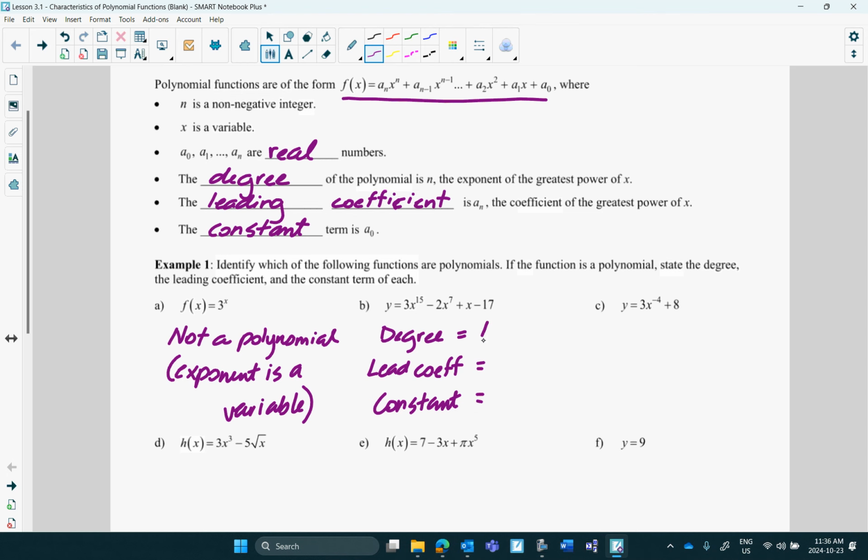That's the degree. What is the number in front of the variable with the highest exponent? That's the leading coefficient. What is the number that has no variable attached to it? Be careful. Negative 17. That's it.